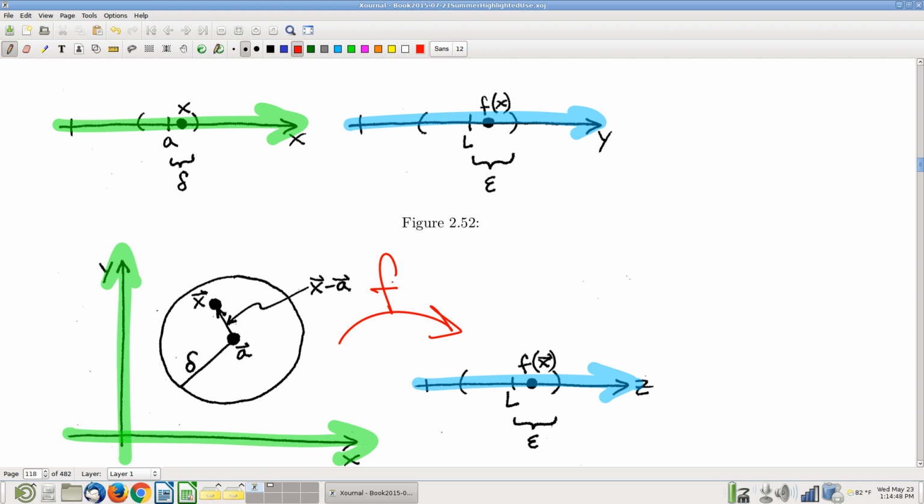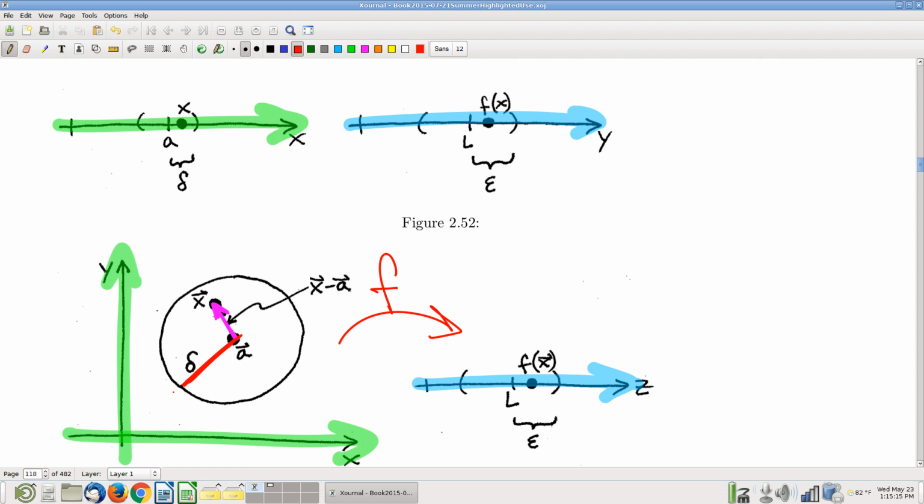Well, same deal. Arbitrarily close interval, epsilon radius. Notion of sufficiently close. Namely, I need for that vector x minus a to be shorter than that tolerance.